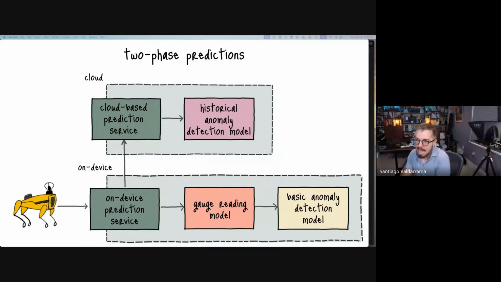So there is a pattern here where the pressure is increasing over time. We want somebody to look at this, okay? But we could not do that on the robot. We had to do that on the cloud. That's where the two-phase prediction comes in.